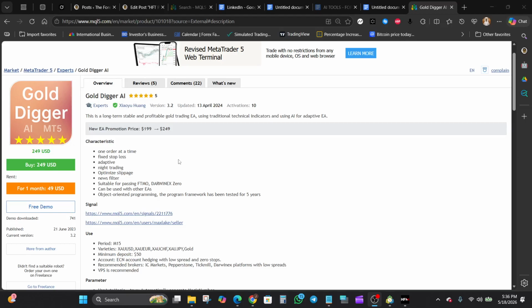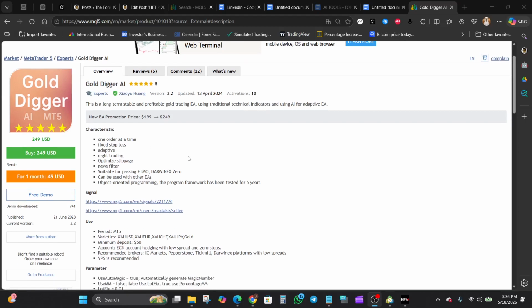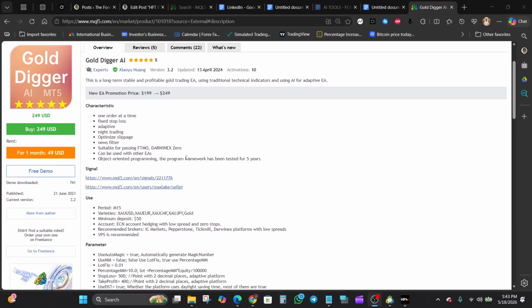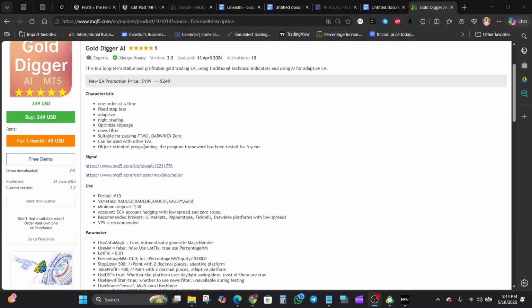Okay, so as I scroll through the feature section here, a few things stand out immediately. The EA uses a fixed stop loss and take profit system, and there's also a built-in news filter mentioned.